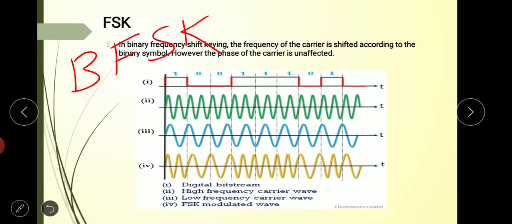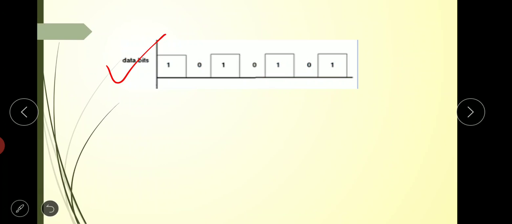And when 0 is given, the spacing between the cycles is quite wide. So when 0 is given, at the output we get a low frequency signal. Like this, for any bit stream we can easily draw the BFSK waveform.